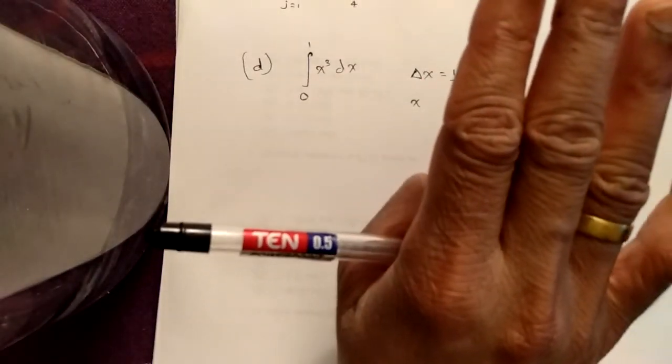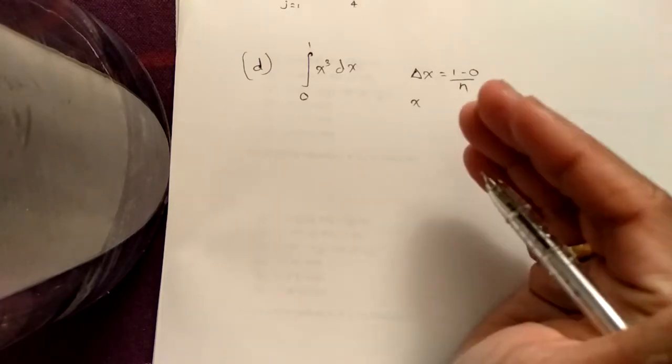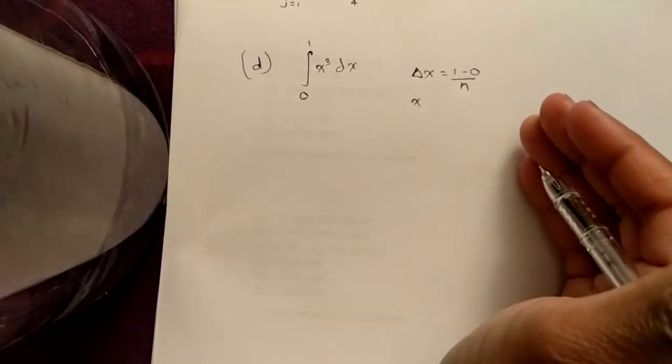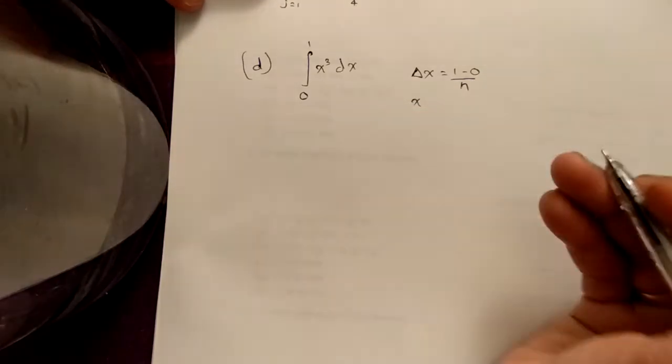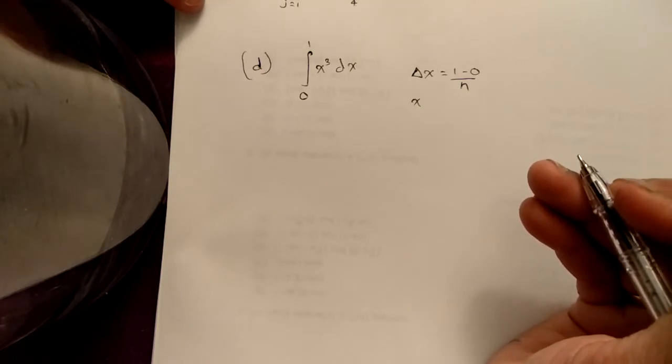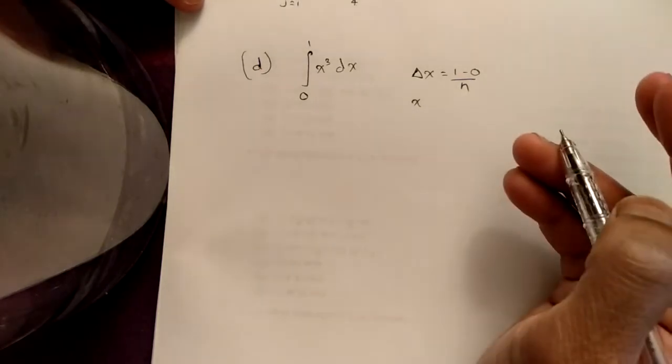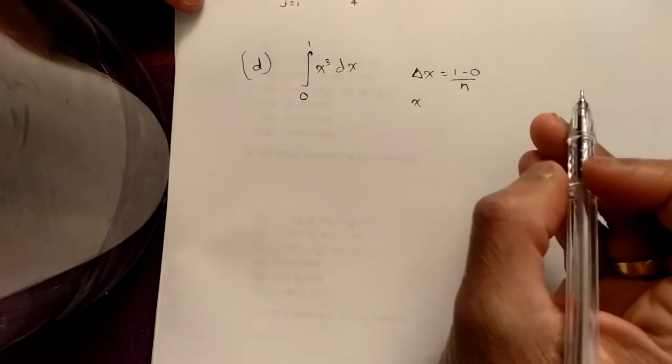Now there are three methods of writing the sigma notation for integrals, and here I am using the right hand endpoints. You can even use the left hand endpoints, or you can use the middle points, which we discussed in the previous week.